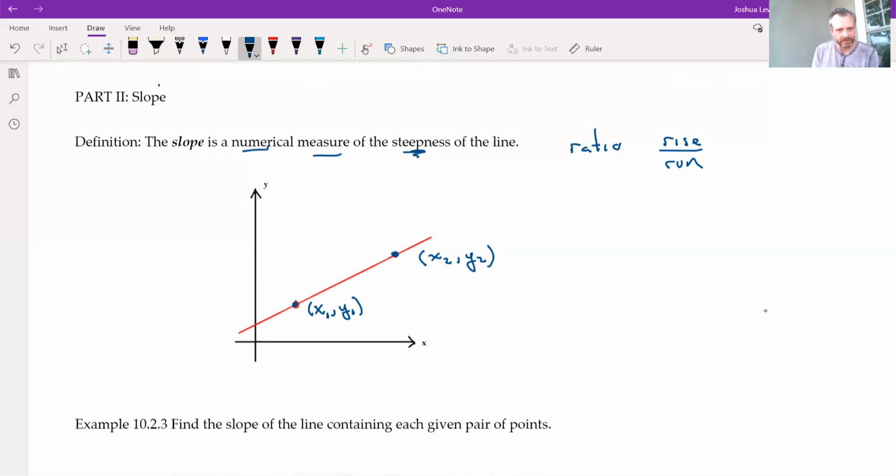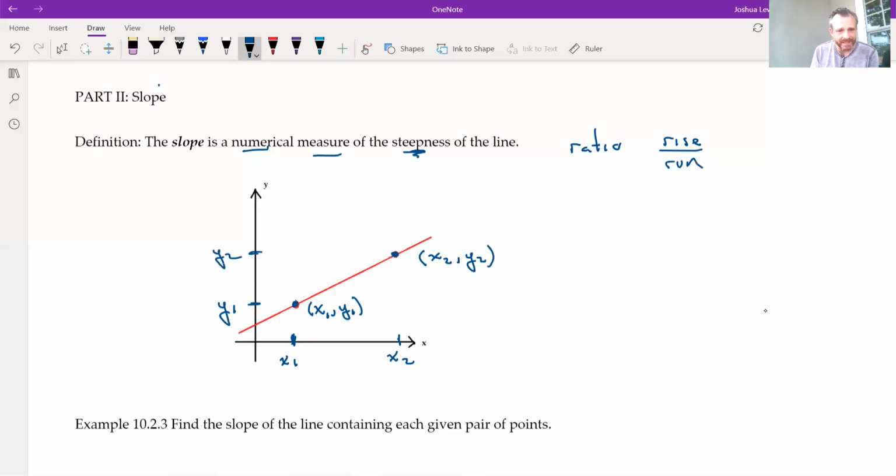Now let's look at this. Here's x1, right? Here's the value of x1. And here is the value of y1. If I were plotting this point, I'd go right to x1 and I'd go up y1, and there would be my point. Similarly, right about here would be my x2, and right about here would be my y2.